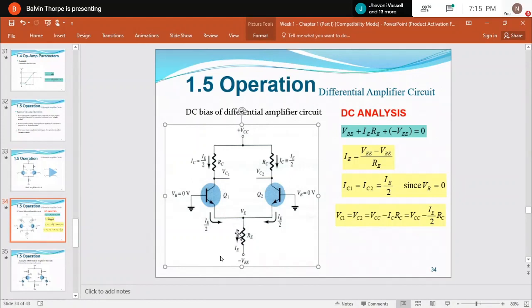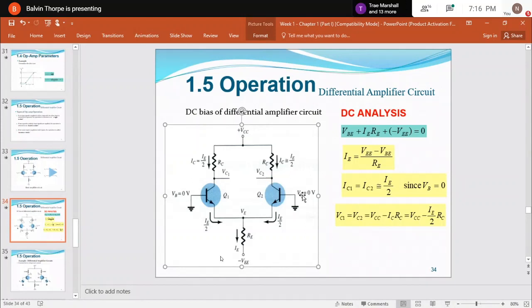Now, because of this connection, the current will be split. Some current will go here and some current will go here. And the current going here is enough to flow right through this transistor, especially if this one is 0, and there's an output voltage, amplified and outputted right here.